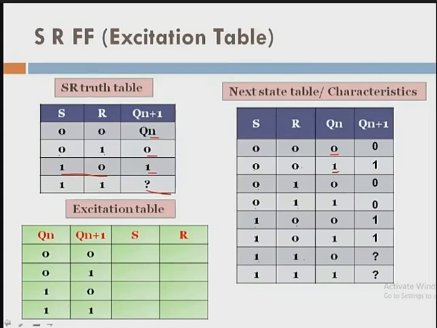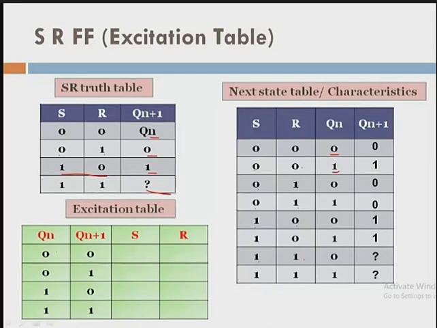Okay, now for designing this excitation table, you need the characteristic table. Without the characteristic table, you cannot design the excitation table. Now consider the Qn and Qn plus 1 values from this table, and for the respective Qn and Qn plus 1 values, you need to write down the SR value from this characteristic table.